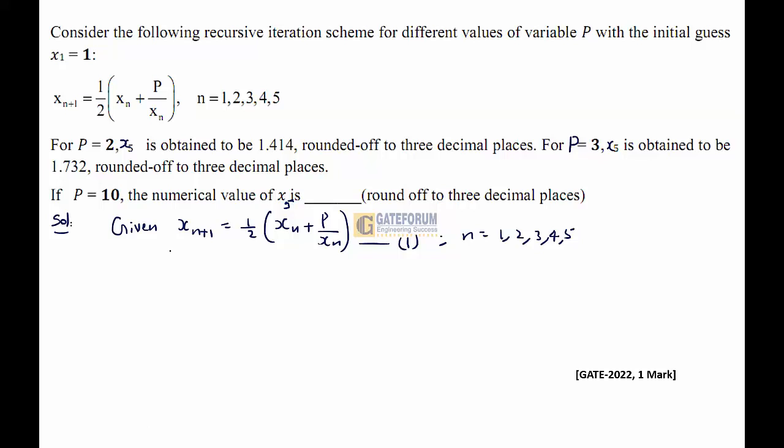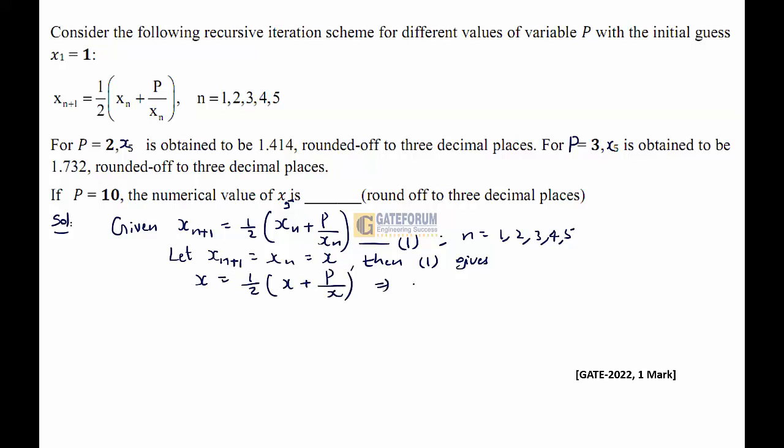Now let xn plus 1 is equal to xn is equal to x. Then equation 1 gives x is equal to half times x plus p by x.